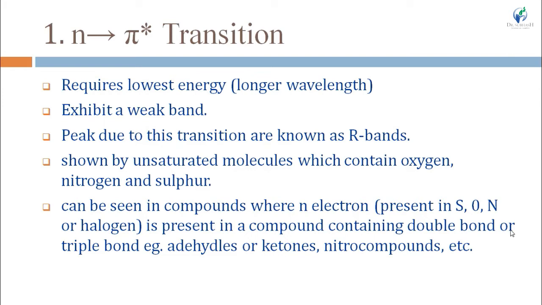The electrons present in n orbitals are non-bonded electrons, and non-bonded electrons are present in oxygen, nitrogen, sulfur or halogens present in unsaturated molecules. So this n to pi star transition is shown by unsaturated molecules having oxygen, nitrogen and sulfur. Examples of such compounds are aldehydes, ketones and nitro compounds.